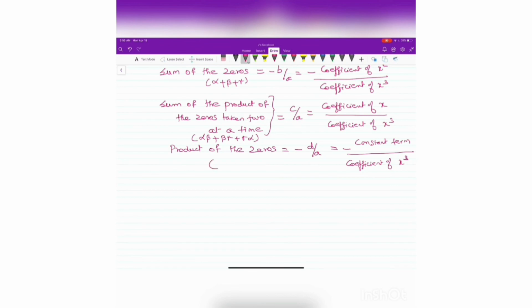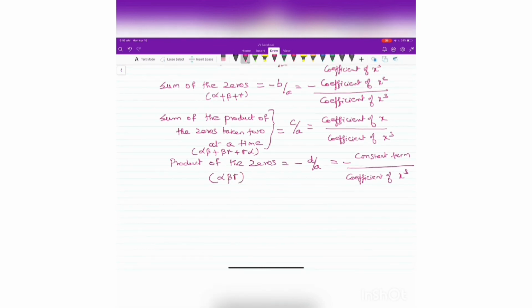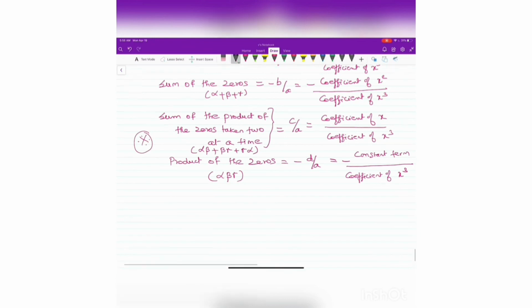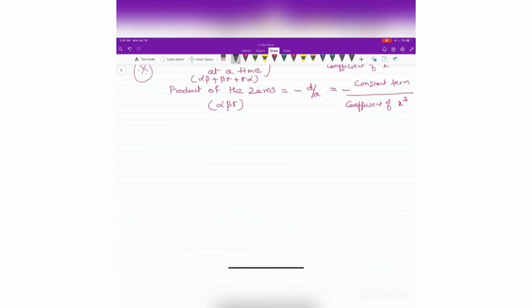Product of the zeros is nothing but alpha, beta, gamma. So, this is the relationship between the zeros and the coefficients of the given cubic polynomial. This result is also equally important as far as the board examination is concerned. Again, note, very important note again.